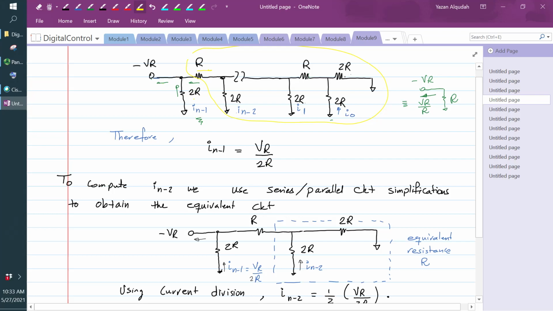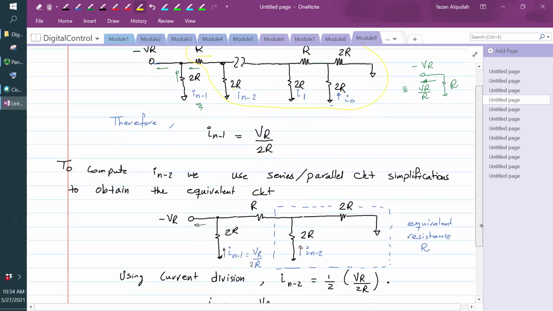But again, the idea: these two add up together to R, with R is going to become 2R again. 2R with 2R is going to become an R. With an R, 2R with 2R is going to become an R. R with R is going to become 2R, with 2R is going to become an R. And that will give me the current that is coming from this voltage source. This current is going to split equally between this branch here and this branch here. And therefore, IN minus 1 is going to equal VR divided by 2R.